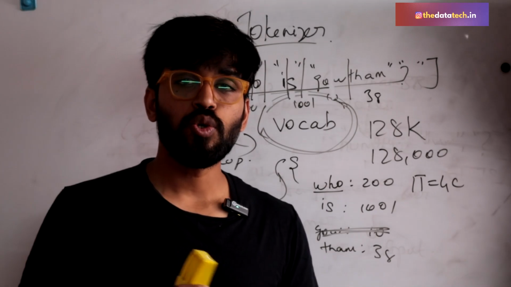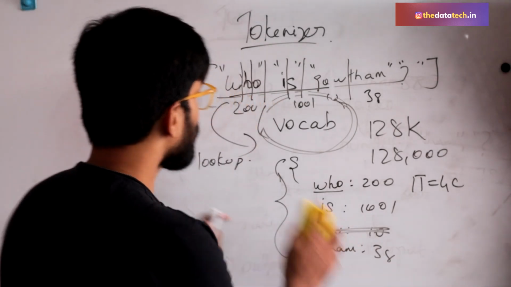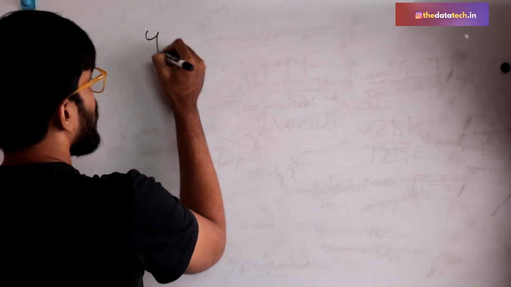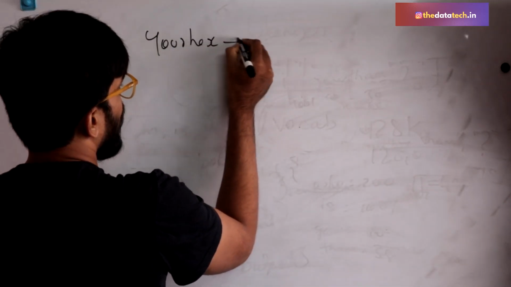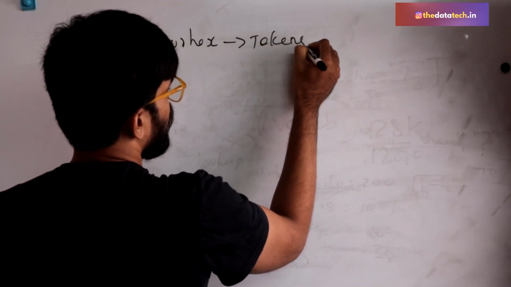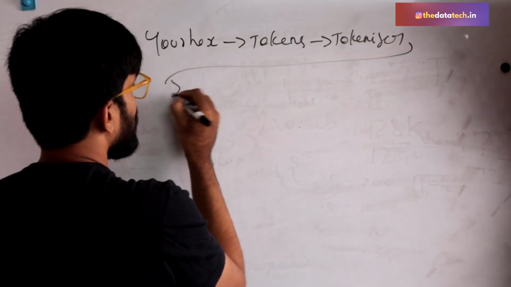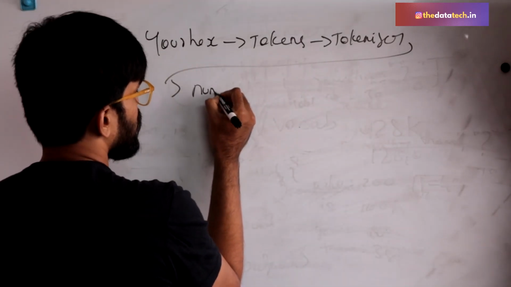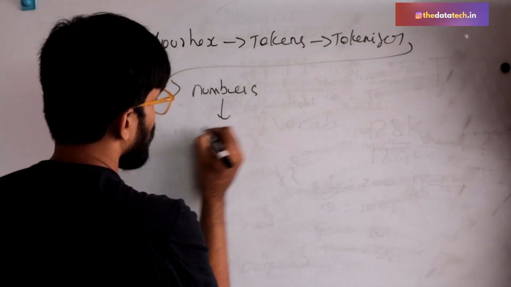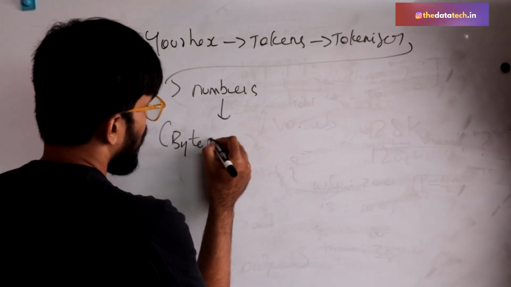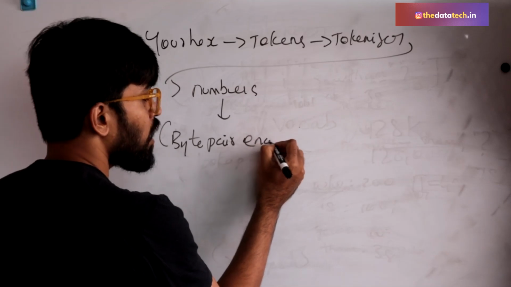Now I'll show you the final flow. The flow is: your text, then tokens, which means the tokenizer, so it generates numbers. For these numbers we use the byte pair encoding algorithm.